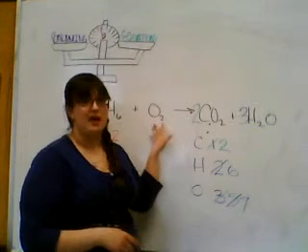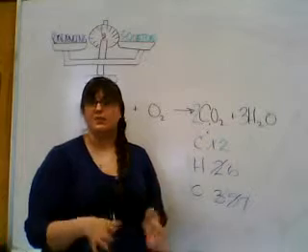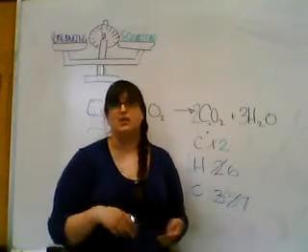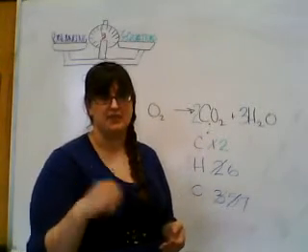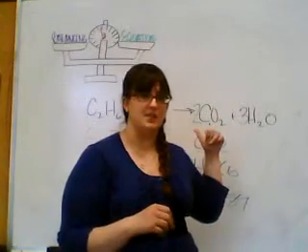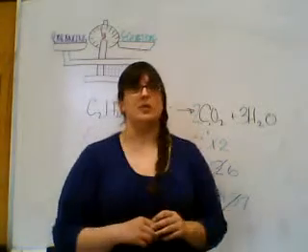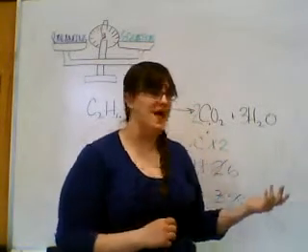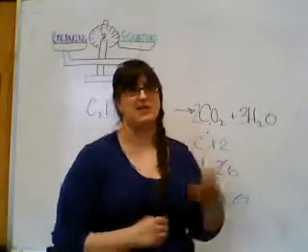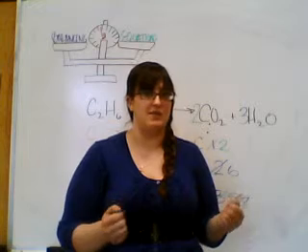When you have oxygen that's diatomic, you know that whatever you multiply it times, you're going to get twice that. So if you want to get 7 oxygens on the reactant side, you need to have 3.5 of this guy, right? 7 halves. You divide it by 2, you get 7.